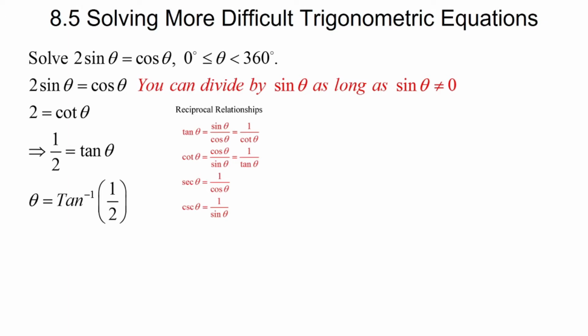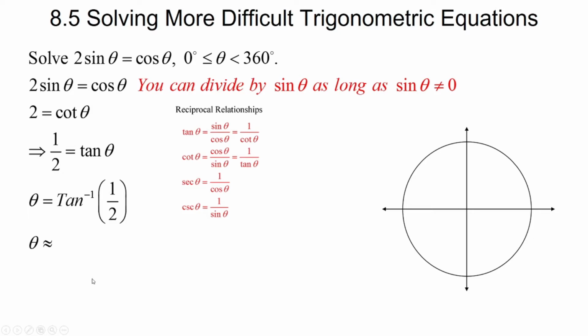Second, inverse tangent of 1 divided by 2. And I'm getting 26.56505118. And did they tell me what to round to? I don't believe they did. So as long as you round this correctly, I'd have to give you full credit. So let's see.